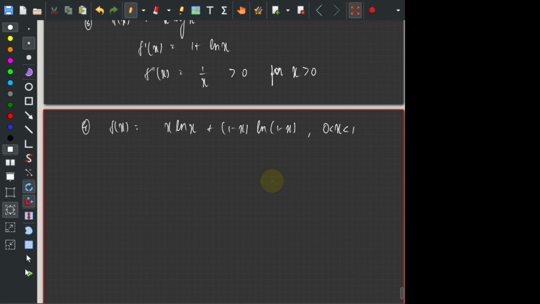It's x log x, so this is convex. If I take a negative, then... so this is convex. What about f of x equal to 1 minus x log 1 minus x for x between 0 and 1?